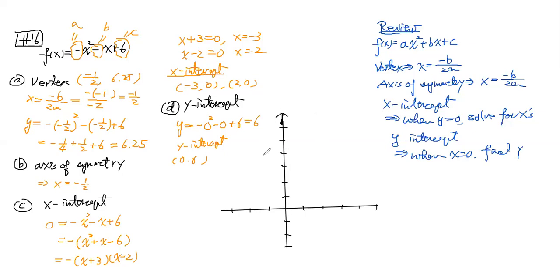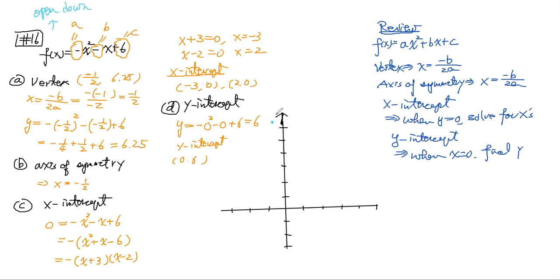I know the vertex is negative 1/2, 6.25, so the vertex is somewhere here. And because the coefficient A in front of x squared is negative, this is going to open down. So this is my vertex.